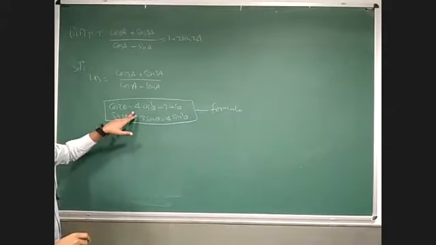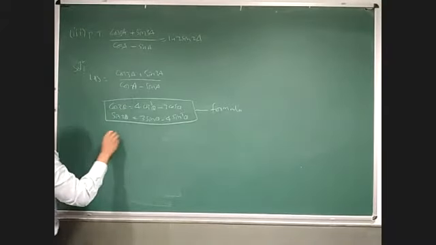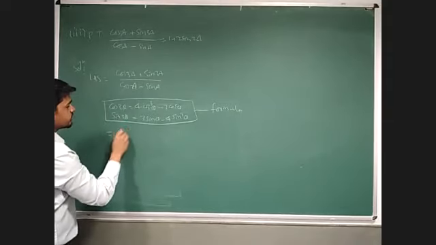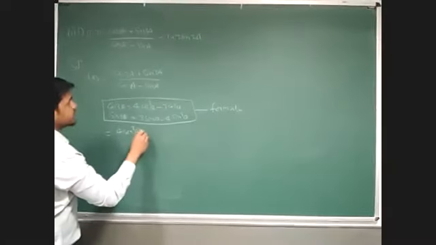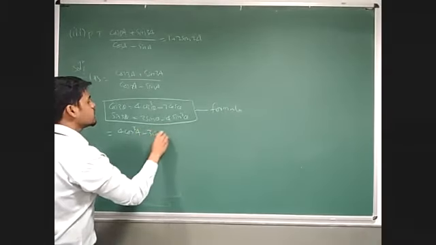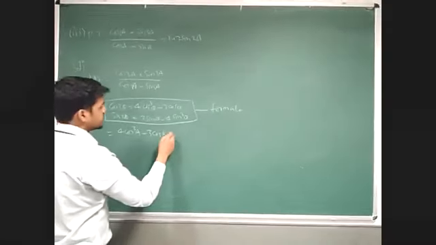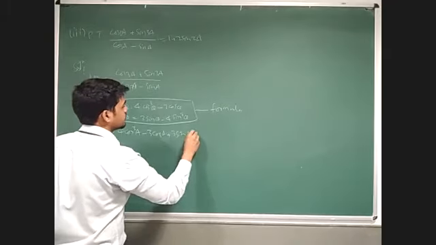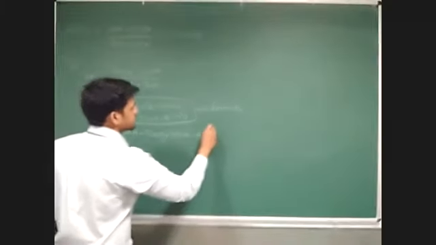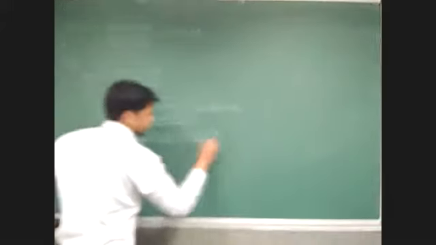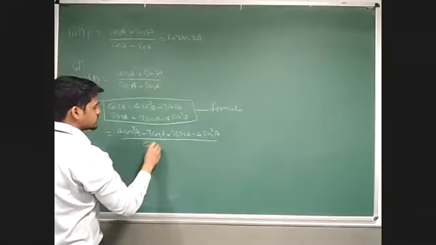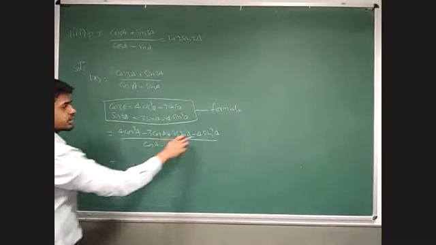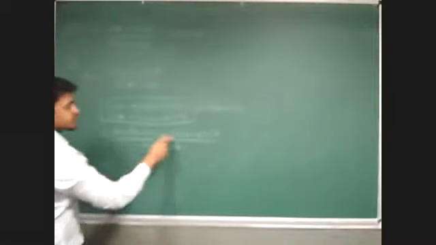This is called the multiple angle formula. We are going to use it in our expression. cos 3a will be 4 cos cube a minus 3 cos a, and sin 3a is nothing but 3 sin a minus 4 sin cube a, divided by cos a minus sin a. Now here we have 4, here we have 4. Just take 3 common and 4 common.